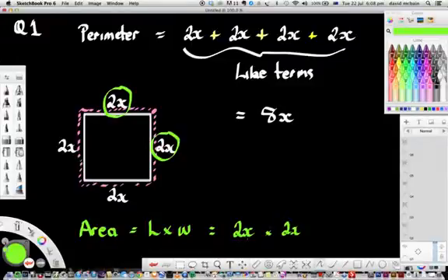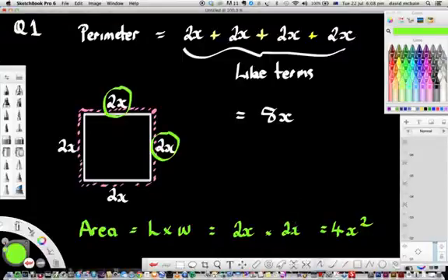So we're now multiplying algebraic terms. So we multiply the numbers together. 2 times 2 is 4. And x times x is x squared. So that's where our squared is going to come in when we're multiplying x together. X times x is x squared. So that's part A, and part B of the question.